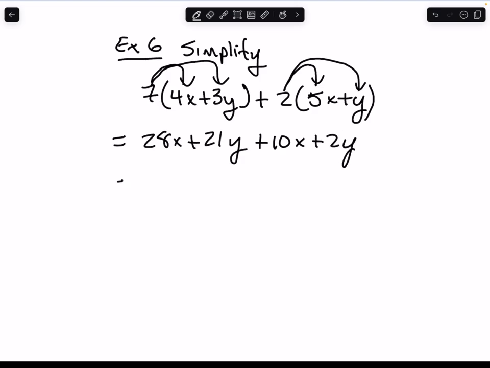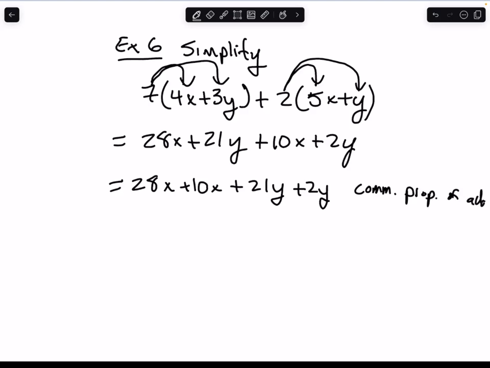Now we can rearrange using the commutative property. So we can rewrite that as 28x plus 10x plus 21y plus 2y. That's the commutative property of addition. Combine like terms by adding coefficients with the same variables.